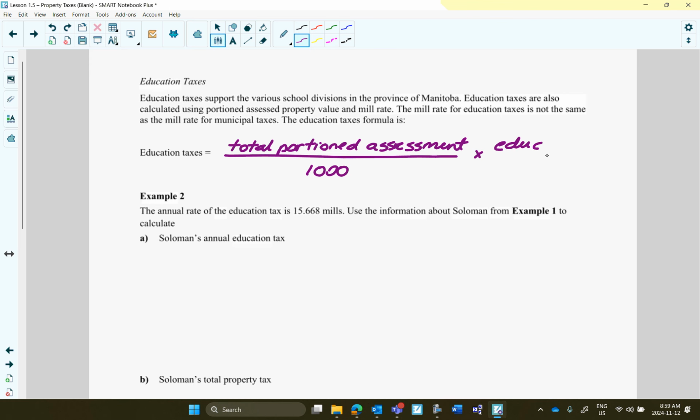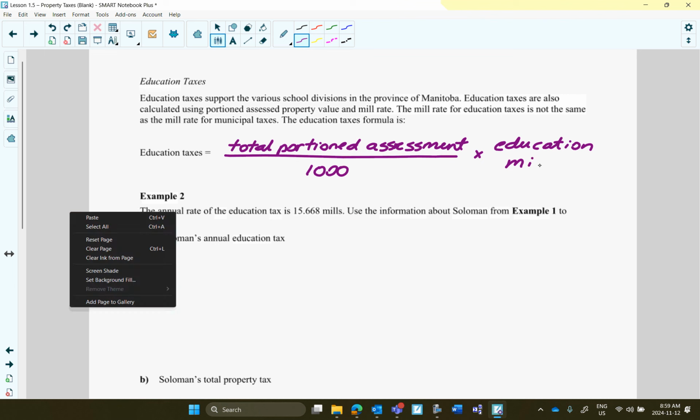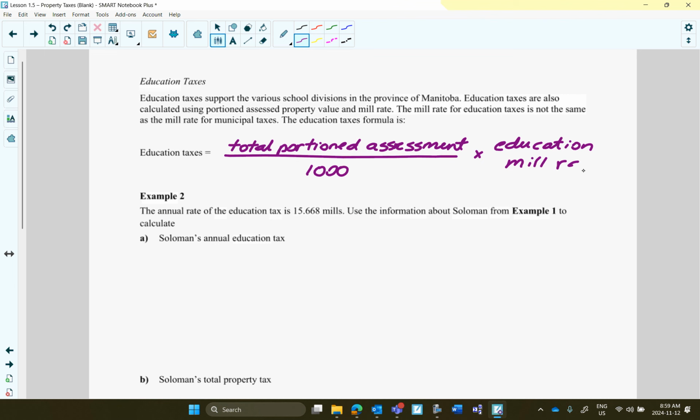You asked an interesting question, Emma. The whole idea of taxes and payments to the government, you may look at it and say, well, that's not really fair. What about people with no kids? Why do they have to pay it? You're right. But then you think about the Canada Pension Plan.